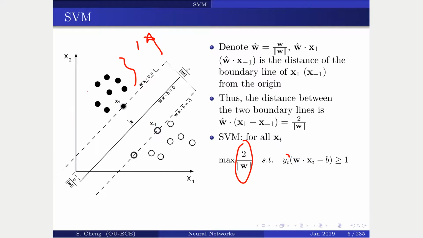For simplicity, we'll just say the class label on this side is 1, and the class label on the other side is −1, so I can just absorb this class label in here. What I mean is, for i equal to 1, I should have w·x1 − b bigger than or equal to 1.